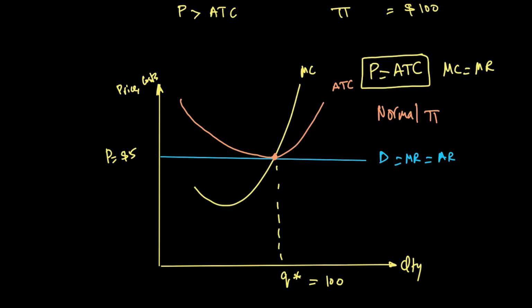Now, let's look at the case of economic loss, because a firm can also make an economic loss despite its effort to maximize profits. The case will be where price is less than ATC. Let's first draw our demand curve, which is equal to MR is equal to AR, because we are a price taking firm.